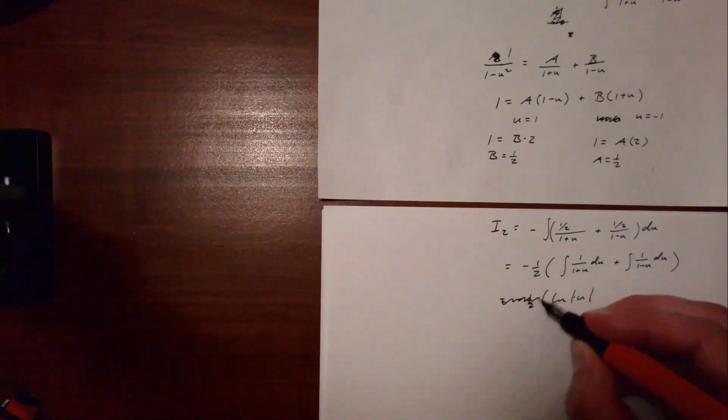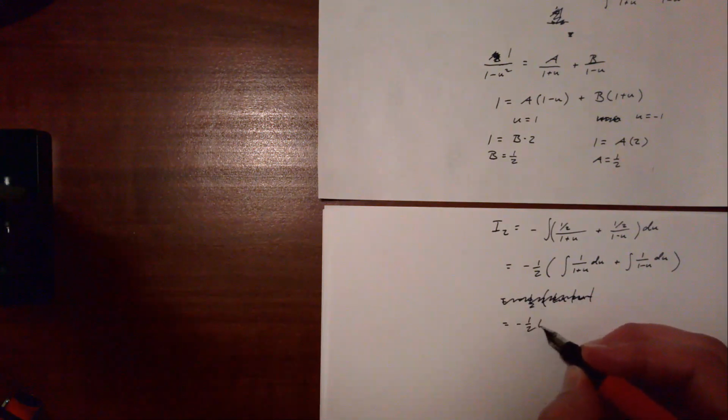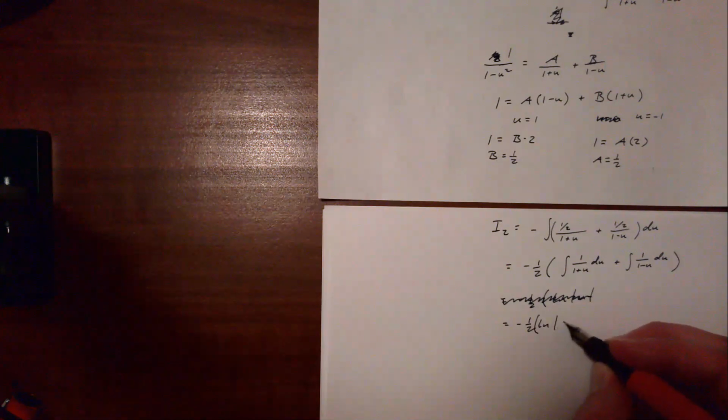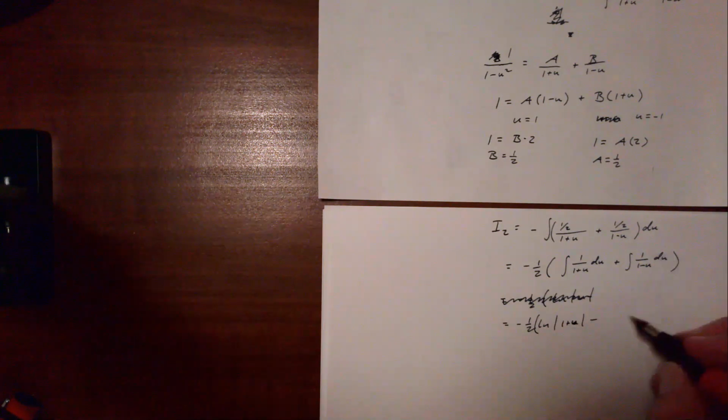Negative 1/2 natural log of the absolute value of 1 plus u. This one, because of the chain rule, will get a negative, and so it'll be minus the natural log of the absolute value of 1 minus u.